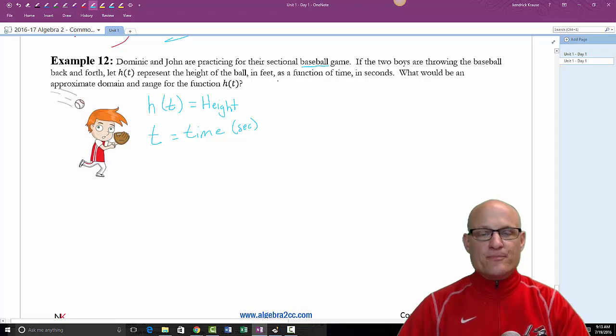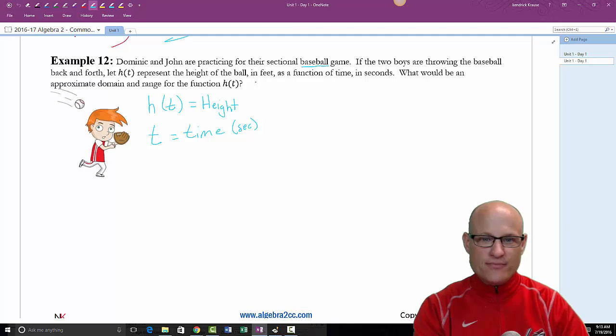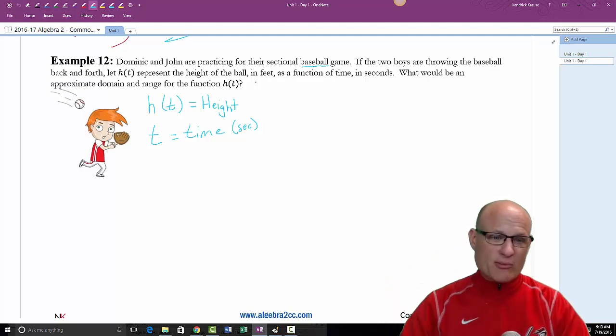Okay, so I can throw a couple of different kinds of balls. I can throw a line drive, but if we're playing catch, you could argue that my height, well, let's talk about time first.